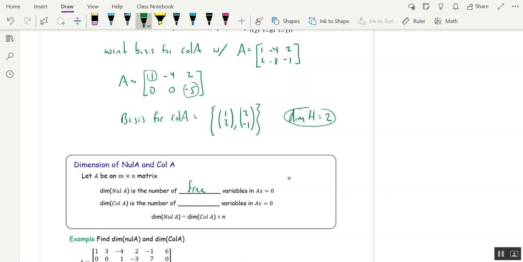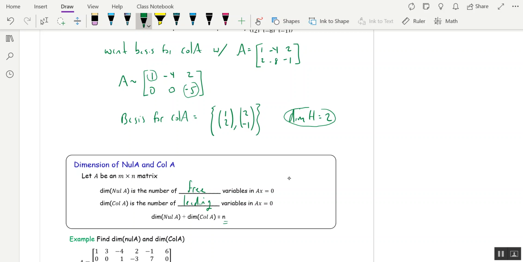The dimension of col A: for each pivot column in the reduced matrix, you get a vector in the basis for col A. So dimension col A is the number of leading variables in AX equals 0. Your book calls them basic. I call them leading variables. It's the ones that aren't free. So the number of variables in AX equals 0 is the number of columns in the matrix A. That's n.